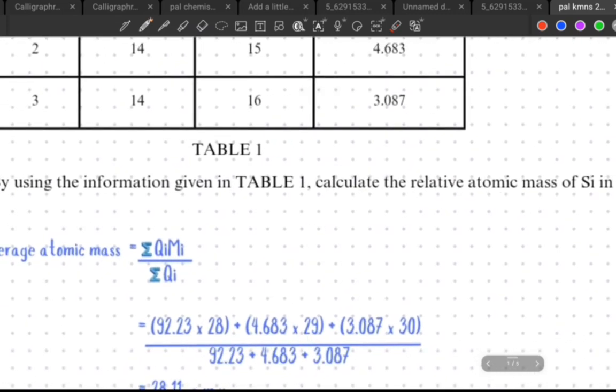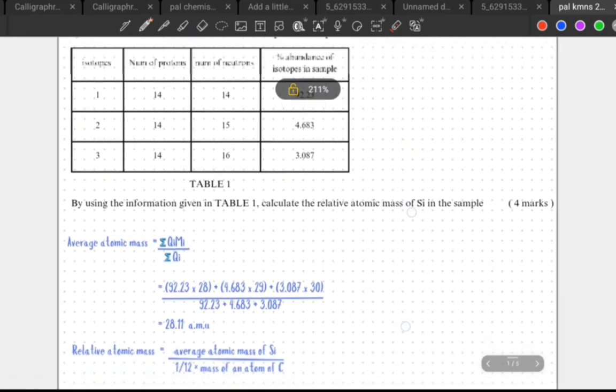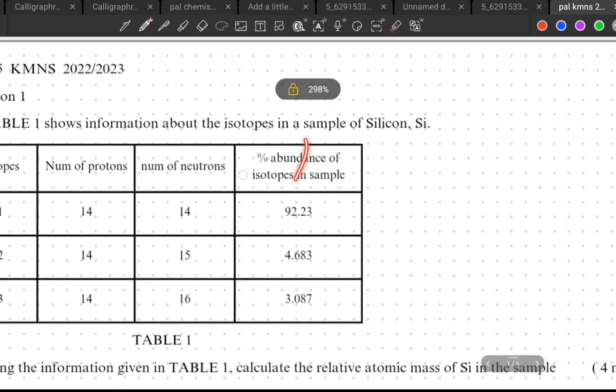This is the formula of average atomic mass. We simply say it KMPK because this is actually the easiest way to memorize the formula. So just simply say KMPK. Q, we substitute percentage abundance.